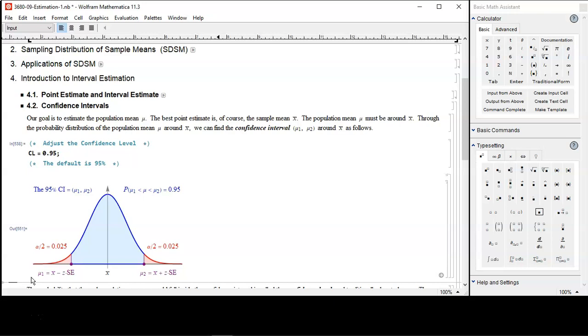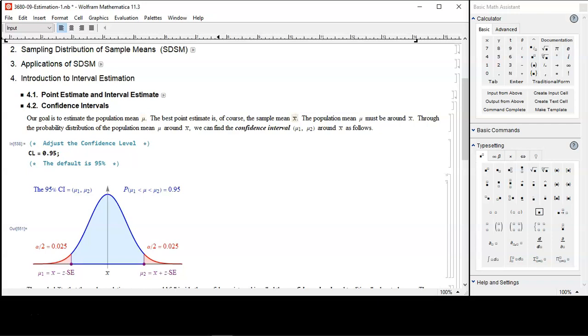This is a normal picture because of the central limit theorem, and symmetric, unimodal, and so on and so forth. And then we can do the z computation through the standardization theorem, and we can do all those computations. Everything works out fine as far as the computation is concerned. But in terms of theory, there is a bit of a problem here, because the population mean mu is not a random variable. It does not move around. On the other hand, the sample mean x bar is a random variable, it changes.